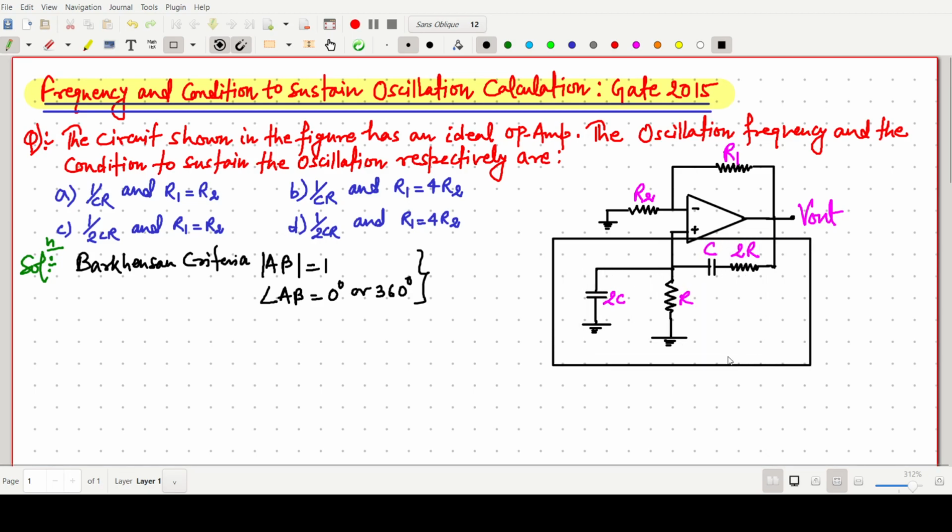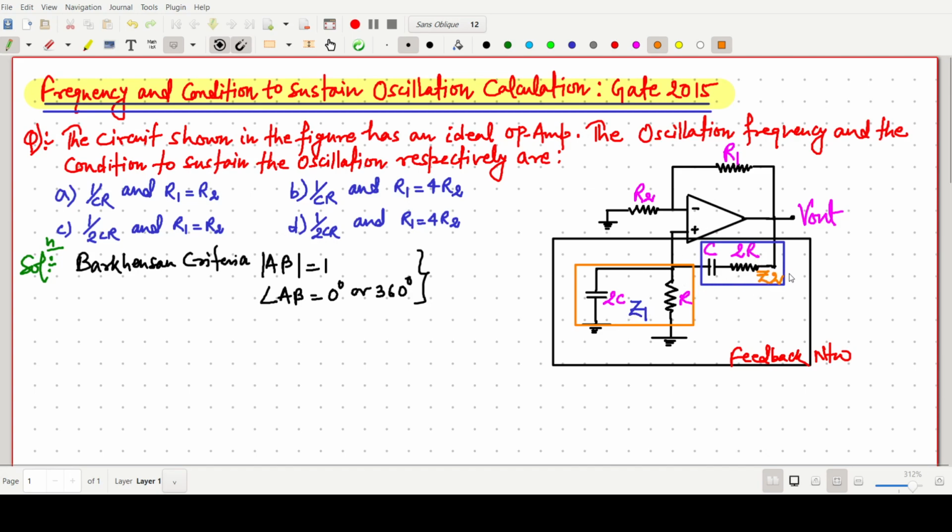In that feedback network, I am assuming this combination and one more combination of C and R. I am calling this one Z1 and this one Z2, some impedances.